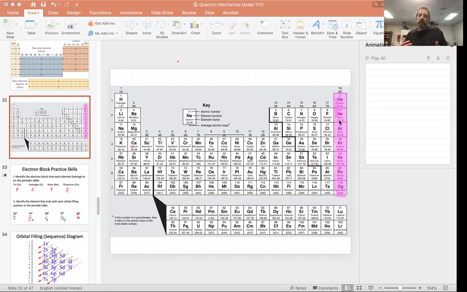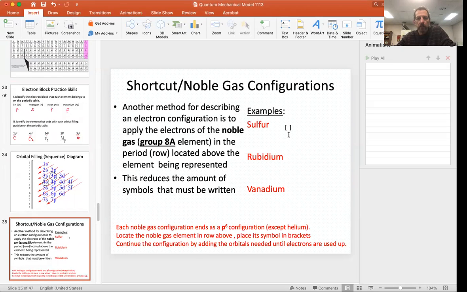What the shortcut says is that sulfur has all the same electrons as neon, except it has these unique parts. So we want to add the unique parts onto the neon that is in brackets. We're going to put neon in brackets, Ne, and say sulfur has all the same electrons as neon.